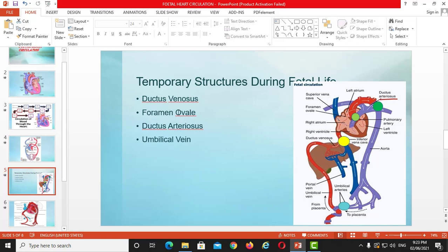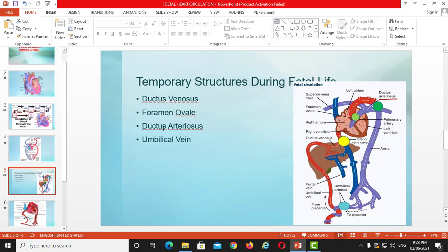Then foramen ovale. Normally blood from the right atrium enters the right ventricle, but in fetal heart circulation this deoxygenated blood goes from the right atrium to the left atrium through an opening known as foramen ovale.